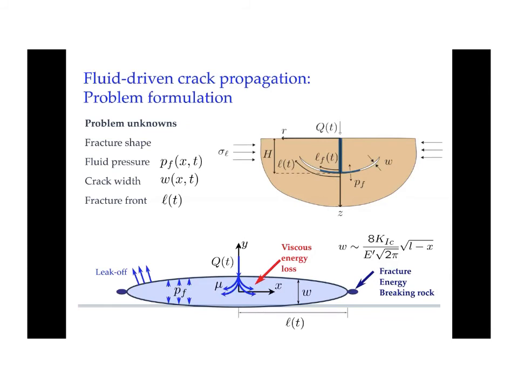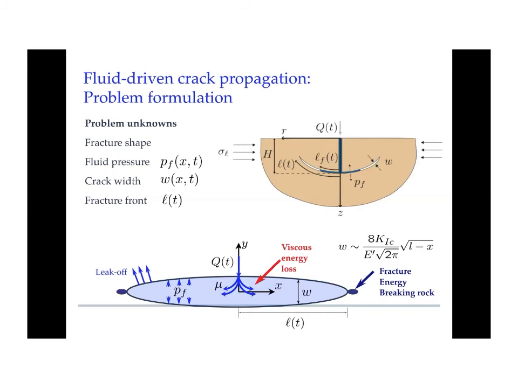And here we have a competition between two energy losses. Viscous energy loss, so the energy spent to drive the viscous fluid through the fracture, and the breaking of the rock, so the fracture energy required to propagate the fracture. So I will speak today about two limiting cases of the fracture propagation.